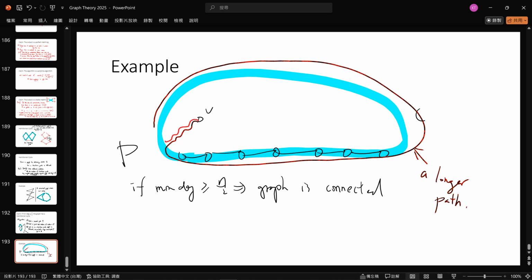So this is why, when the graph is connected and there's a vertex not on a cycle, we can always find a longer path.